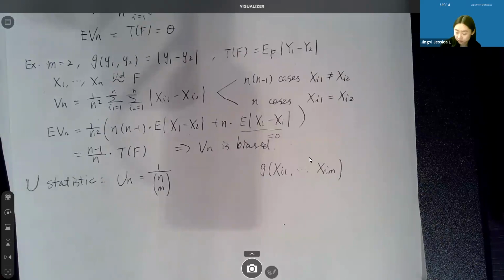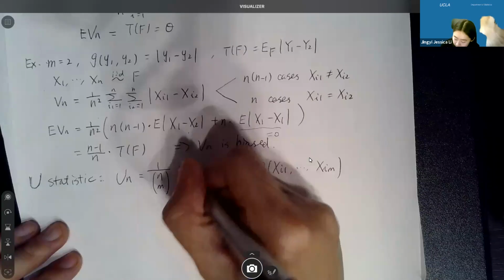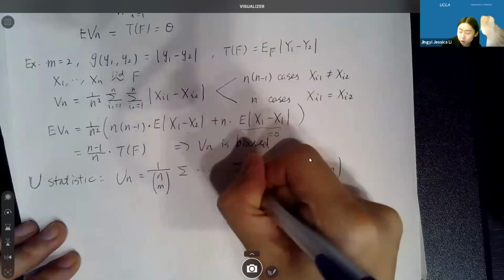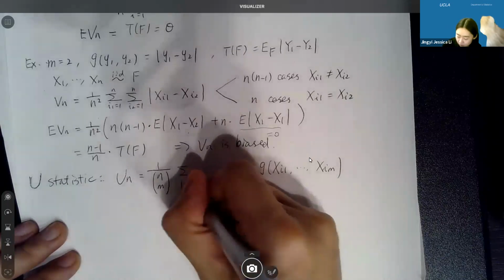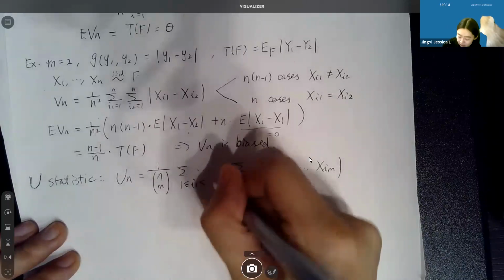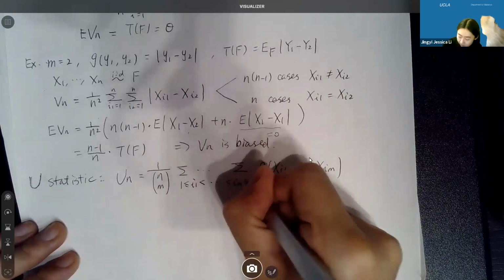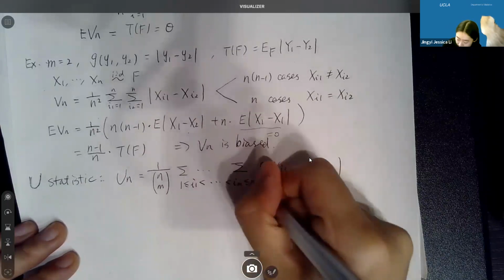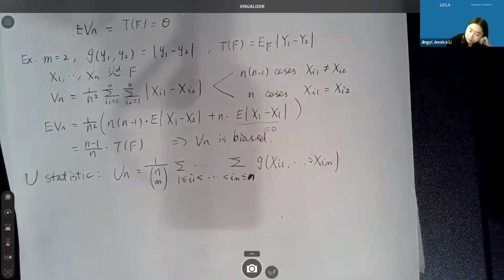So order is not preserved. Therefore, I need to enforce that in my I1 to IM possibilities I have an order: I1 is less than I2, less than IM, and they are all between 1 and n. Okay, so that's how I define the U statistic.